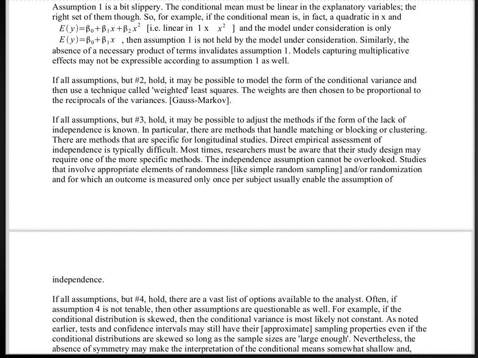All right, let's briefly take a look at the other assumptions. Assumption number 2, that we have constant variance. The variance does not depend on any characteristics. It is assumed to be the same for each participant in the study, for each of the measurements. Well, it turns out that there are certain settings in which we can use so-called weighted least squares, where the weights are chosen to be proportional to the reciprocals of the variance, a fancy result attributed to Gauss and Markov.